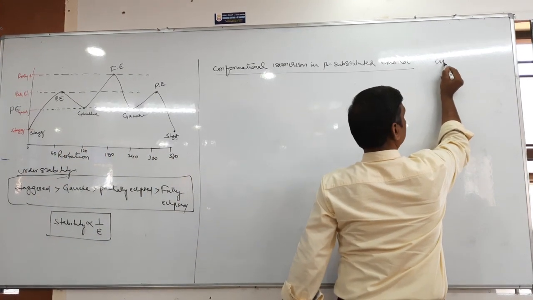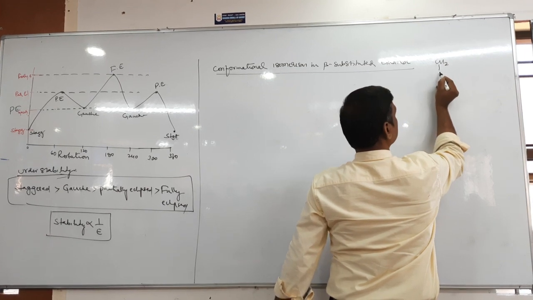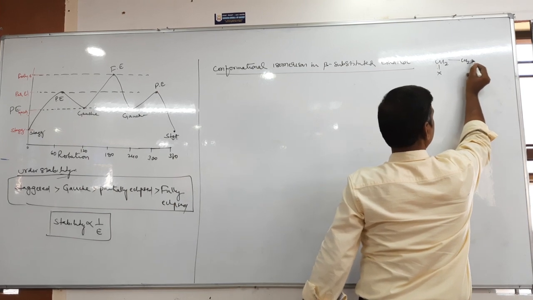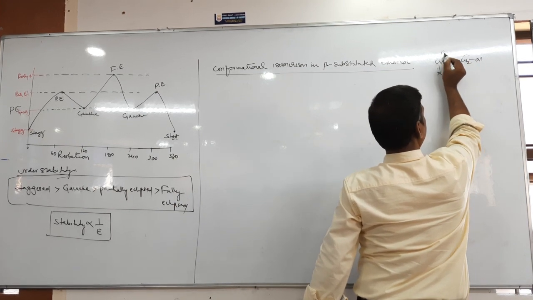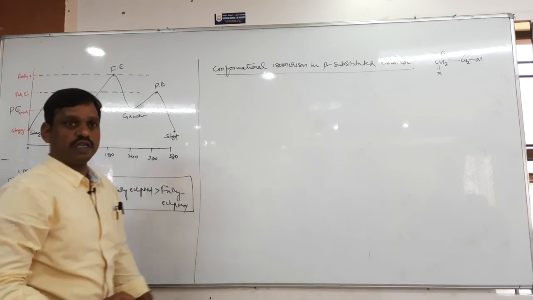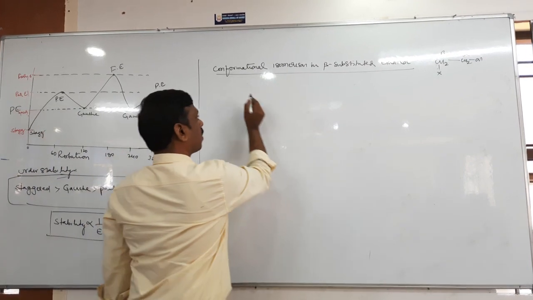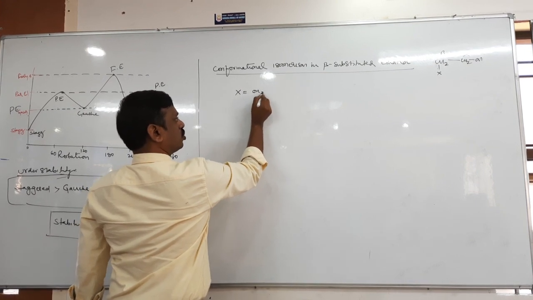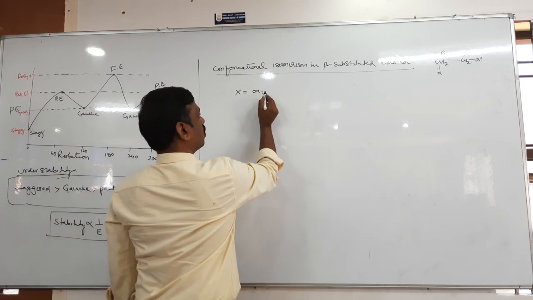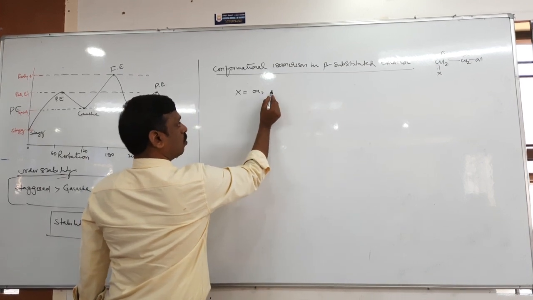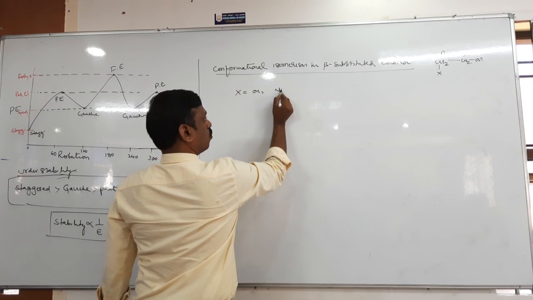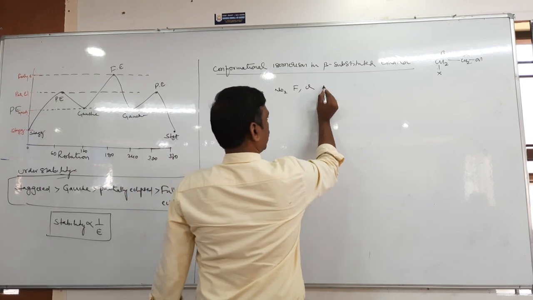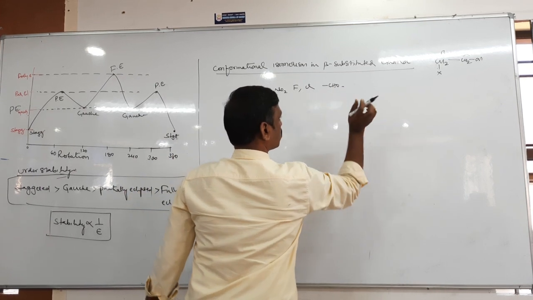For example, let us take X-CH2-CH2OH, with alpha and beta carbons. So there is a beta substituted ethanol. X may be OH or other more electronegative groups, it may be NO2, fluoride, chlorine, it may be an aldehyde group, a keto group, something.